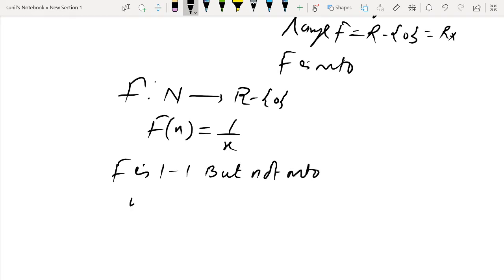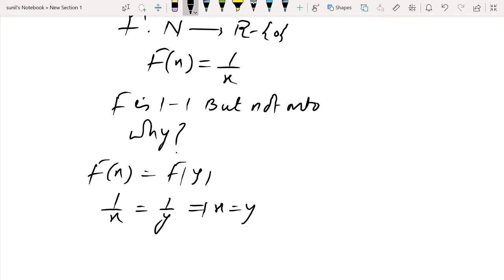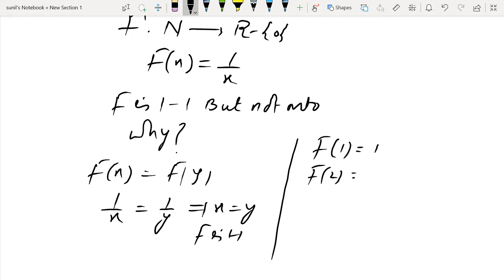Why? The reason is very simple, because if we put f(x) equal to f(y), then 1 by x equal to 1 by y will always imply x equal to y. So f is 1-1 in this case. Now see, for natural numbers, f at 1 is 1. Now you will observe f at 2 is 1 by 2.